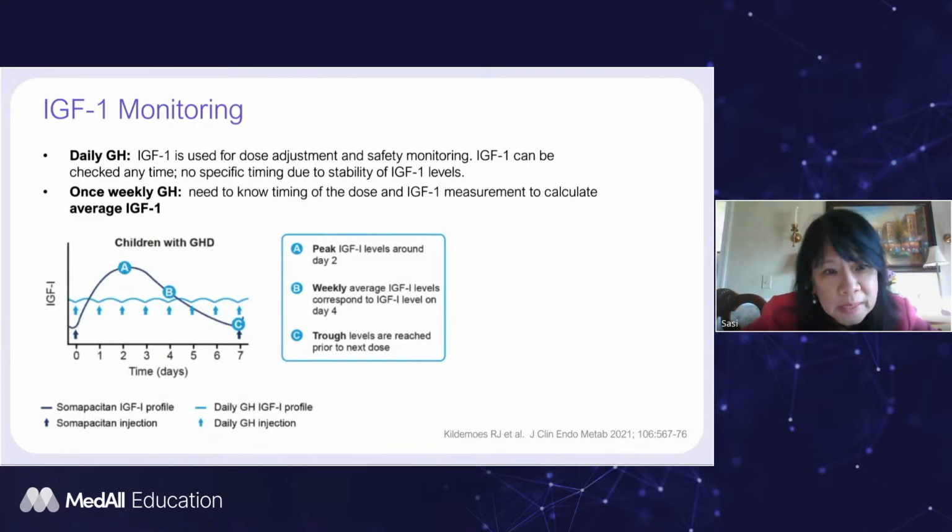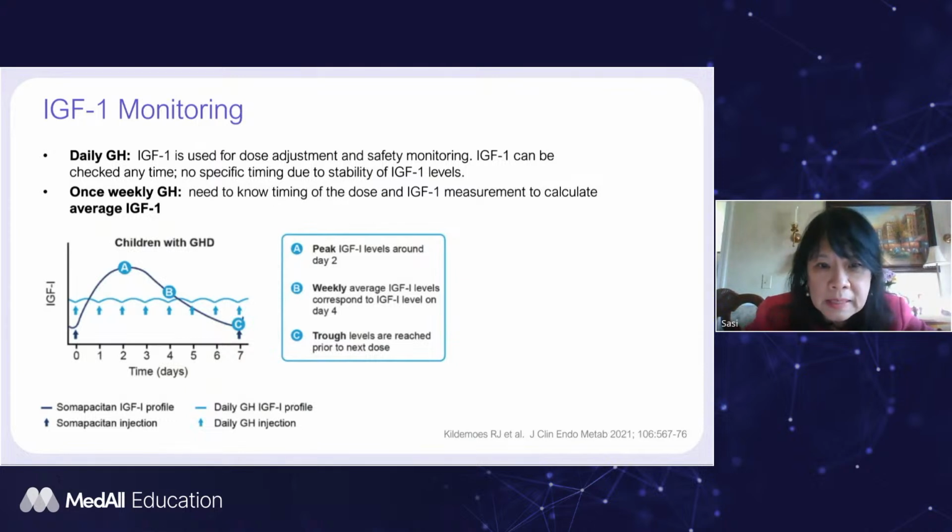But when we do once weekly growth hormone, you can see that there's a peak that goes up within 2 days of the injection, and then it will come down to the lower trough. The trough is like day 6, day 7. So when we check IGF-1, we need to know which day the lab is done in relation to the last dose.